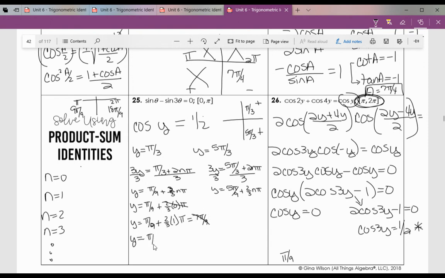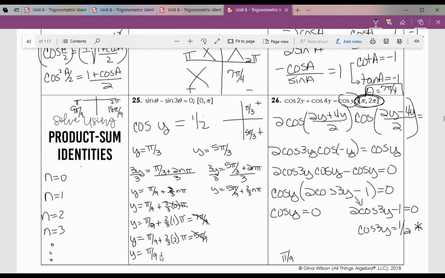So I'm going to go again, pi over 9 plus 2/3 times 2 pi. Hopefully that answer will give me a number between, which is 5 pi over 9. So that one does not work. So I'm going to keep going. I just keep going until I get above 18 pi over 9.